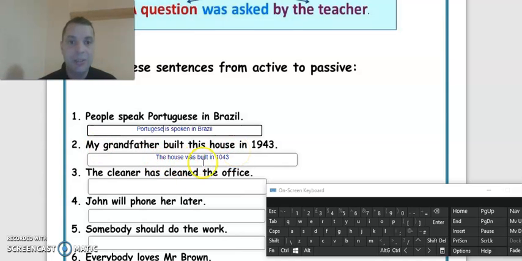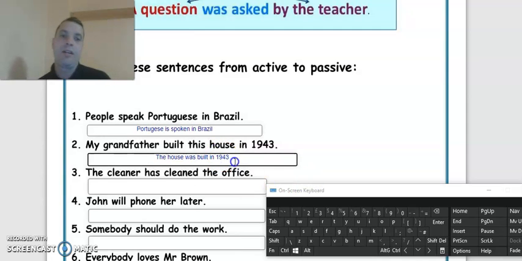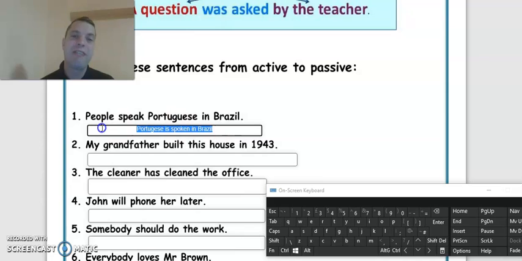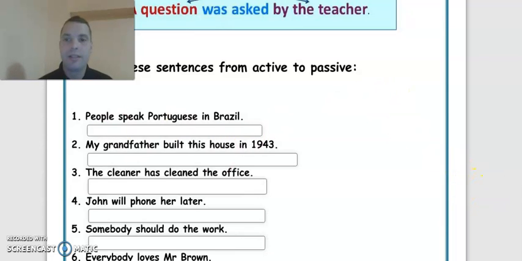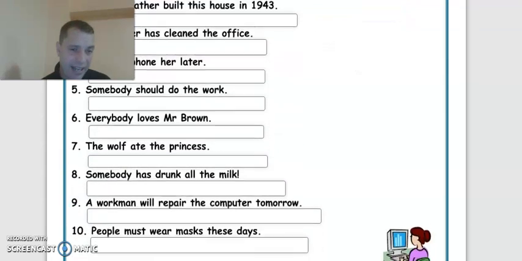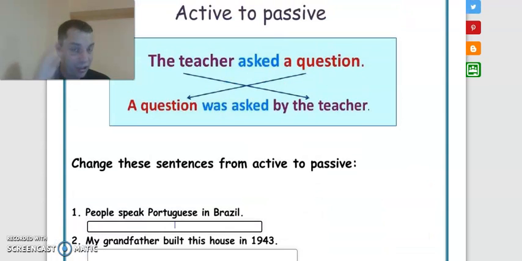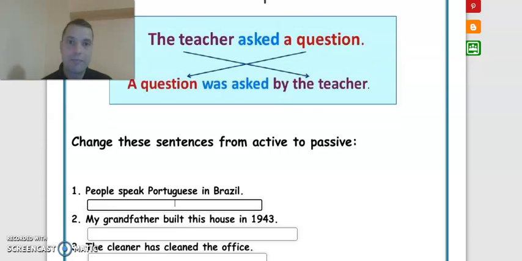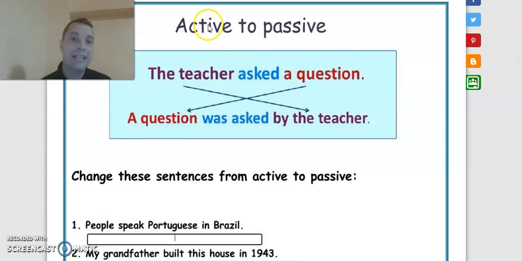The house was built in 1943. Okay, so you just change the order of the sentence, and I think you know this already from your previous lessons. So everybody can try and remember the difference between the active and the passive voice.